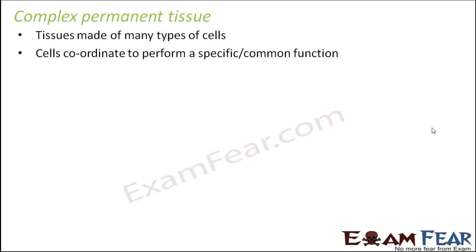Here the cells coordinate to perform a specific or common function. Now the question is, if many different types of cells are present, how will that coordination happen? Earlier all the cells were similar. You remember I gave you an example of a class with 50 students where we divide the work of annual day amongst the 50 students, all of class 5.